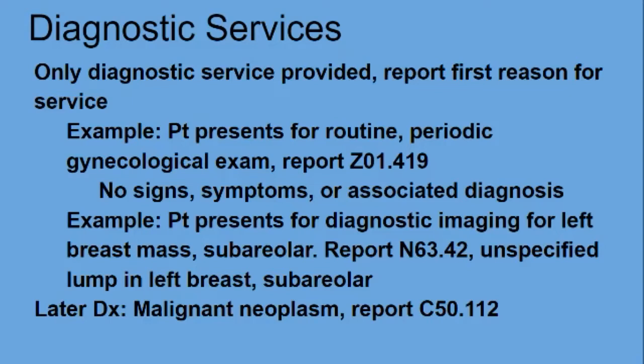So you see how that follows a paper trail, where you go in for a routine gynecologic exam, then you go in for an imaging of your left breast, then you're diagnosed with what you actually have, and you're going to be able to code for all of those things. So it follows the paper trail.